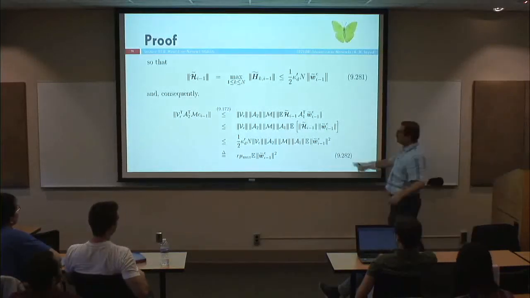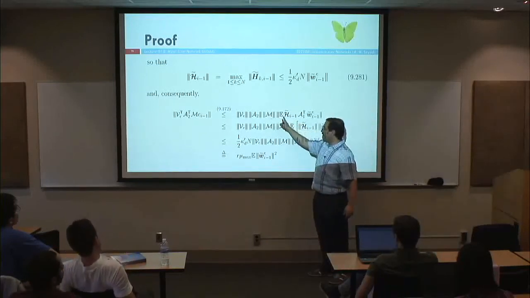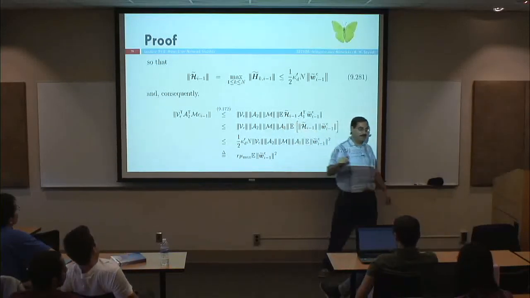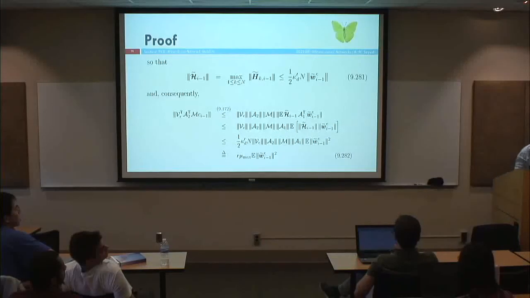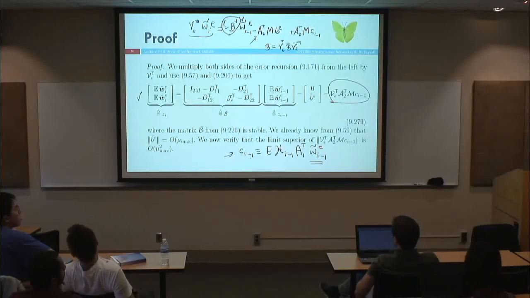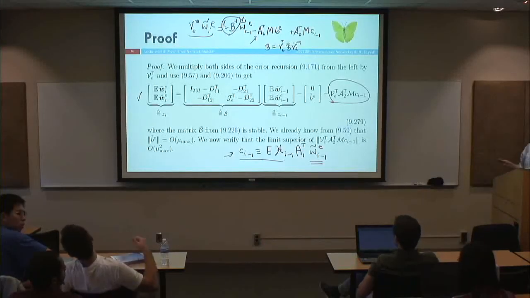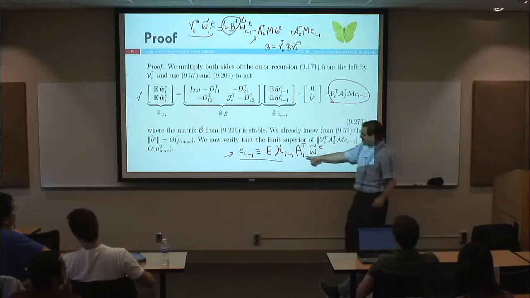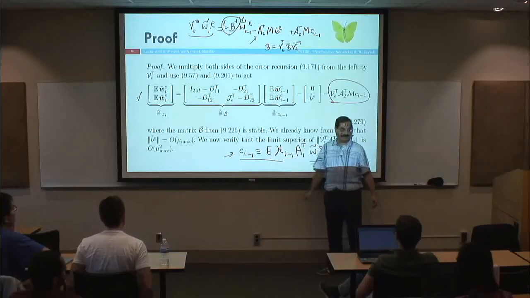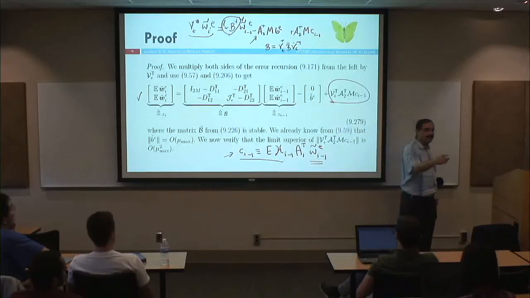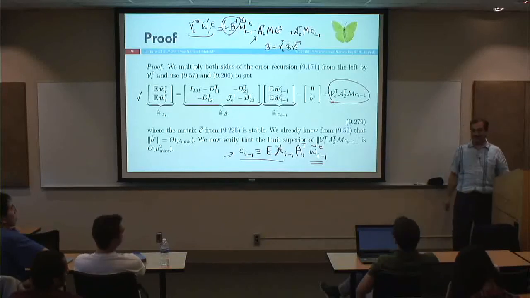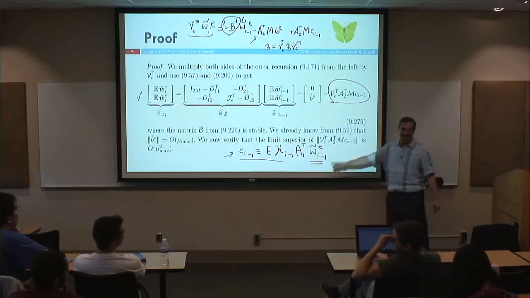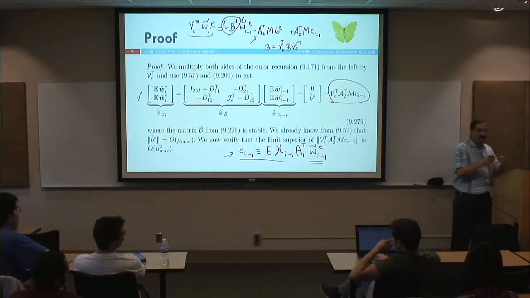What did you say here? This is the definition. C has the expectation in it. If you remember, I told you you would forget, C had an expectation in it. If you go back to slide 3 or 4, there is an expectation in it. Remember how we got C?